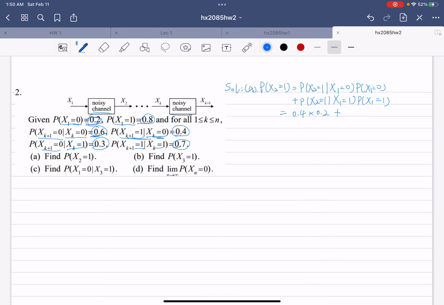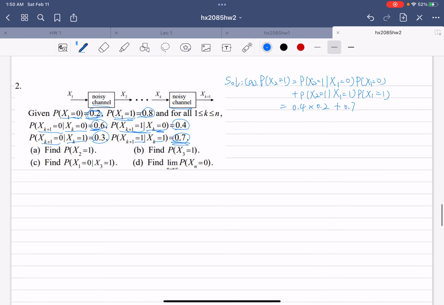Then plus the probability from 1 to 1, which is 0.7 times the probability of x1 equals 1, which is 0.8. So we get the result: 0.64.